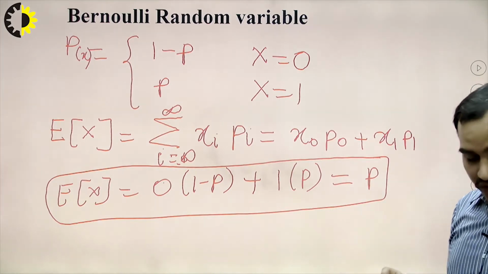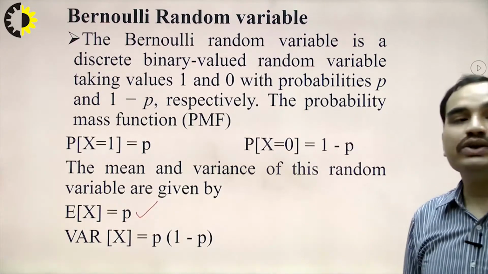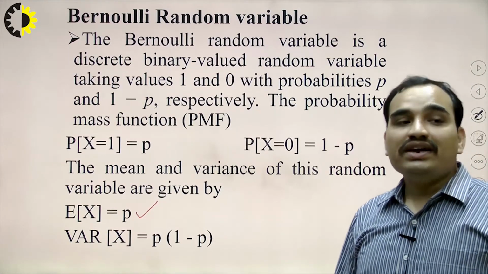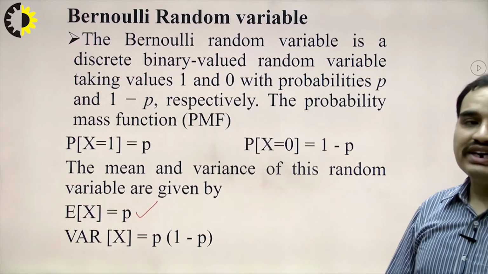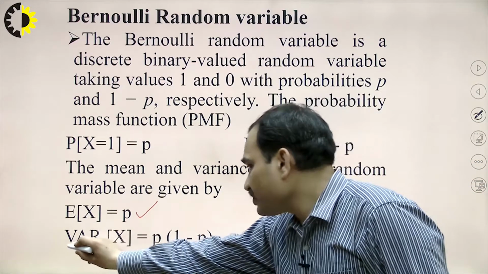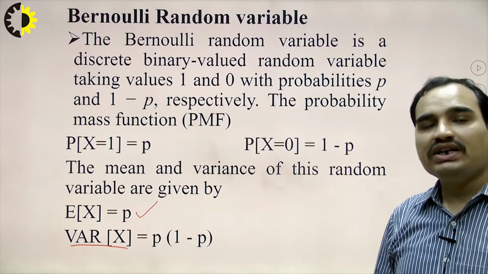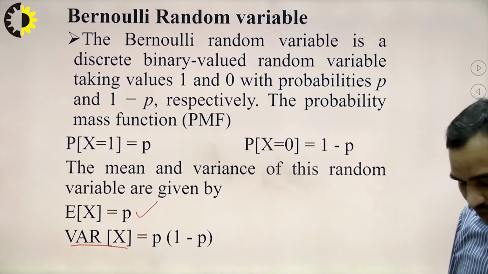So we have proved that the expected value of the random variable x, that is a Bernoulli's random variable, is p. Now we will solve for the variance of the Bernoulli's random variable.